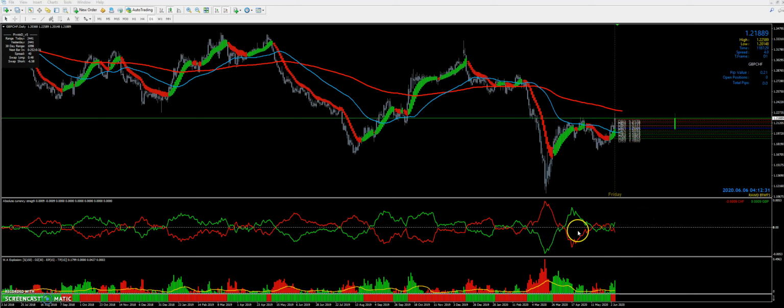Not only that, on this absolute currency strength, which shows divergence, the green line here that was initially below this mid 0 line is now above the 0 line, which is further confirmation for a buy. And then I have my candles at a gray.